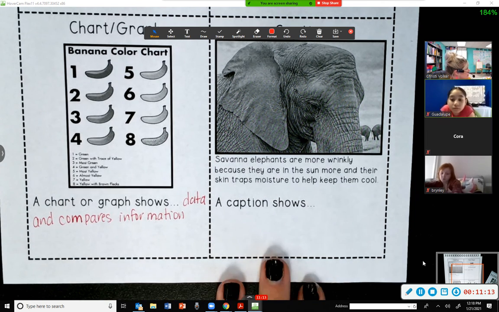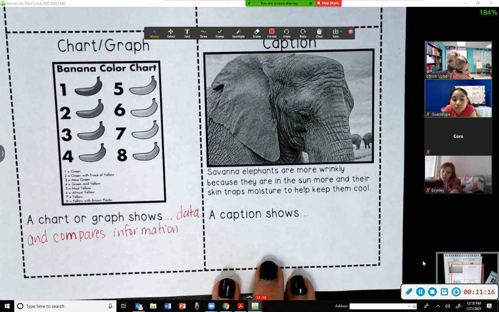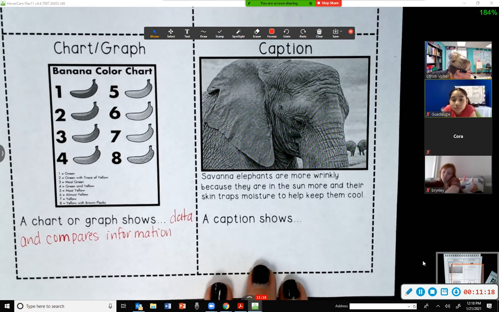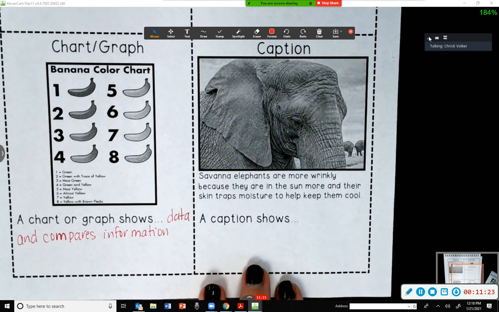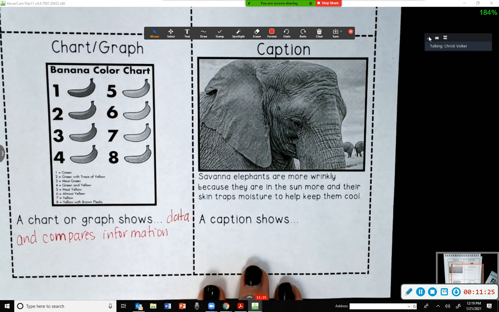We just have one more, a caption. Y'all heard of that before? Oh yeah, a caption. A caption is like a picture, close up, like a photograph. It is going to have a photograph, but the caption is actually the little part underneath. What do you see underneath the picture? Words. Yes, words.